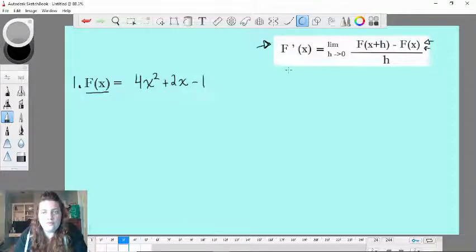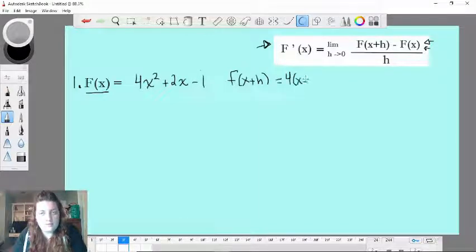Your f of x plus h, you're just putting x plus h in place of x into that formula right here. So it'll be 4 times x plus h squared instead of x, plus 2 times x plus h, all minus 1.